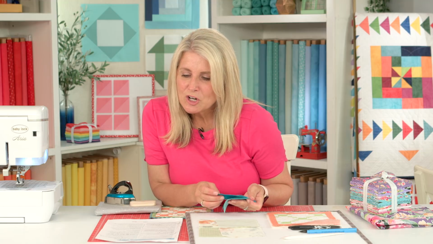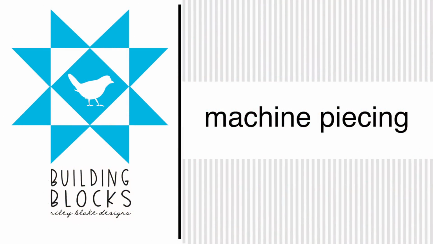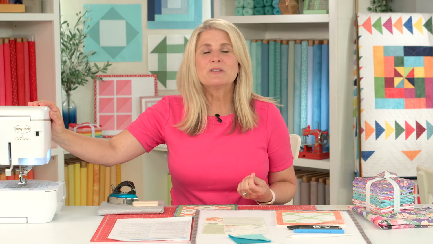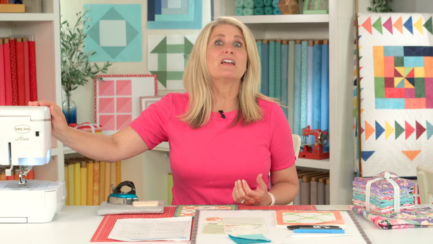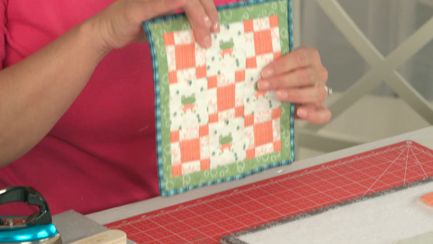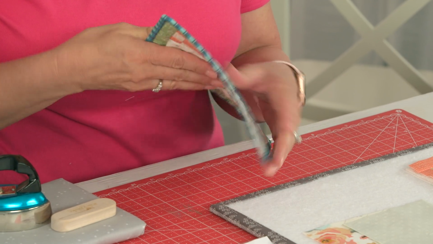Let's go to our next term, which is machine piecing, and it's simply that, using your domestic machine to sew your pieces together to make a quilt block. And sometimes we call that quilting, but officially quilting your quilt is sewing all your layers together. And you can still do that on a domestic machine like I've done here.